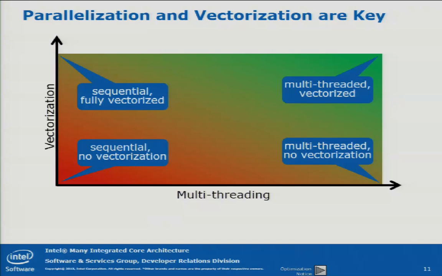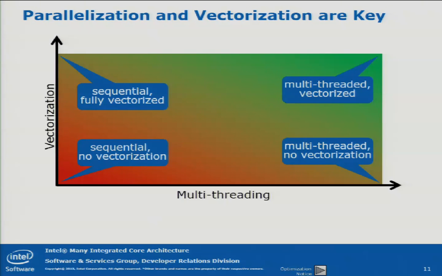Okay, so I'm sorry, this is yet another marketing type of slide. Red is bad, green is good. Okay, marketing. So on our machine today, if you get sequential code, no vectorization, you lose almost all the benefits of the machine. Right? You get a single core with scalar instructions.